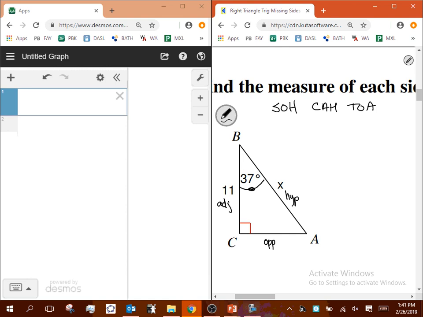Whenever I'm working in a right triangle, all of those ratios exist, but based off the information that we have, only one of them is going to work. What I want to do right now, I don't want you to write anything down, just kind of watch, and then I'll tell you at the end what you can write down. If I go SOH, so that's sine, right? And it's sine of the angle that I'm interested in, equal to now, opposite. This is the opposite side, right?